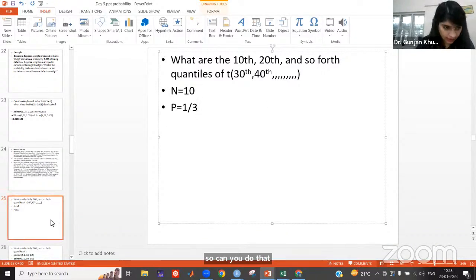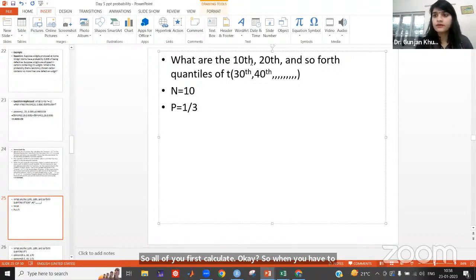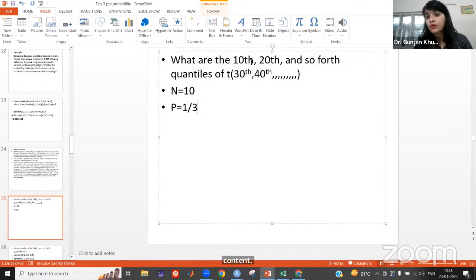So you are given n as 10, p as 1 by 3. All of you first calculate the 10th quantile. When you have to calculate the 10th quantile, you will have to write 0.1. 20th quantile, 0.2. 30th quantile, 0.3. 80th quantile, 0.8. 87th quantile, 0.87.